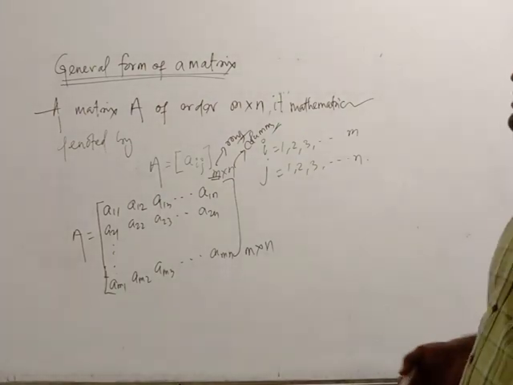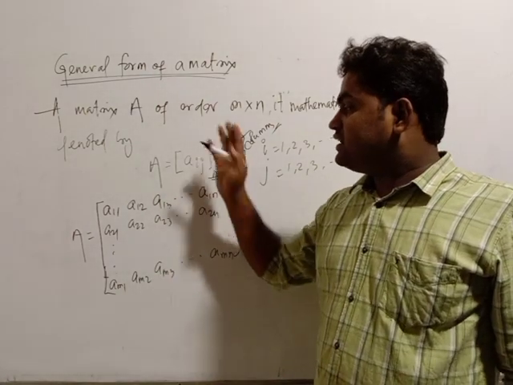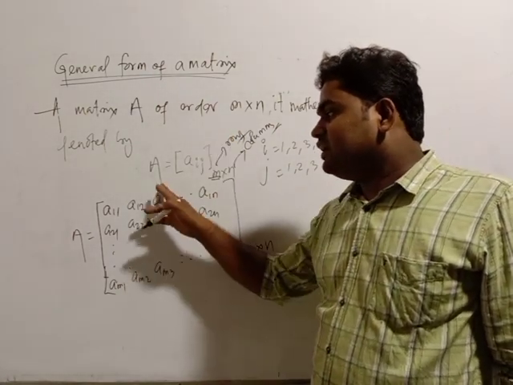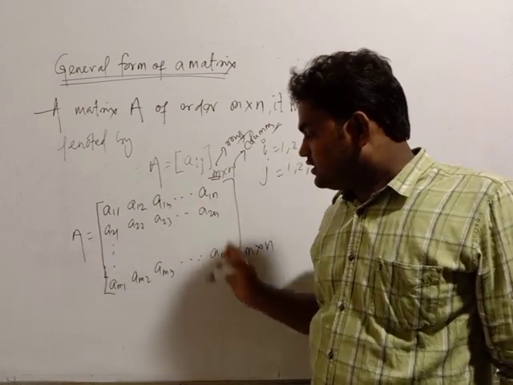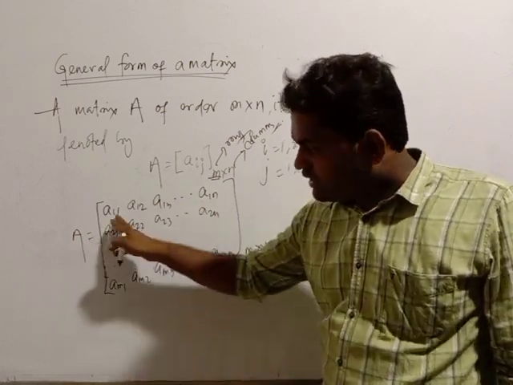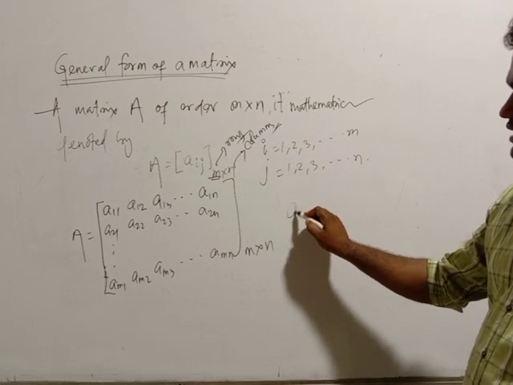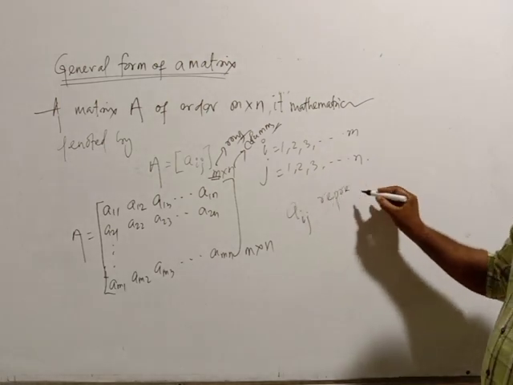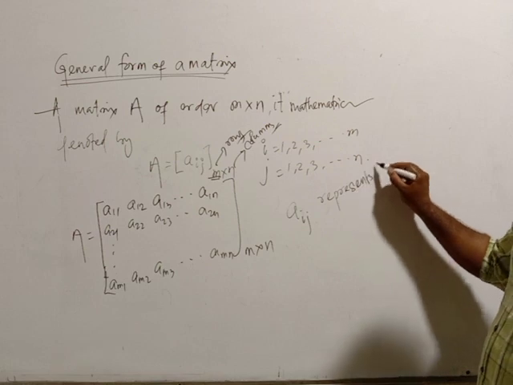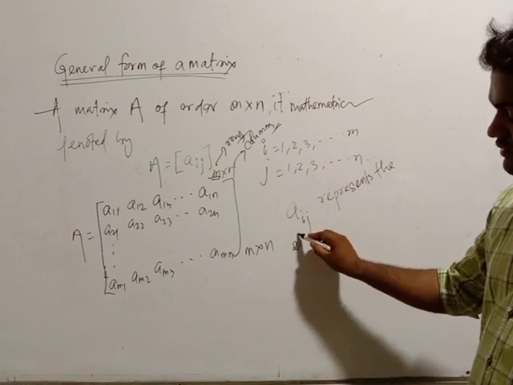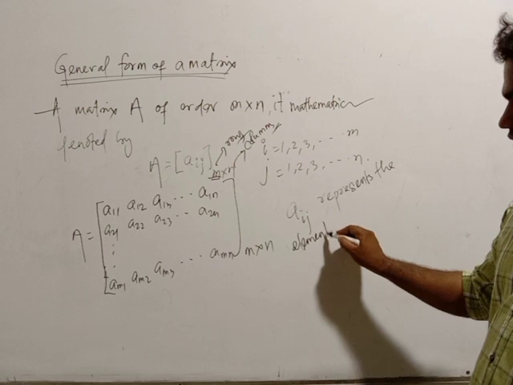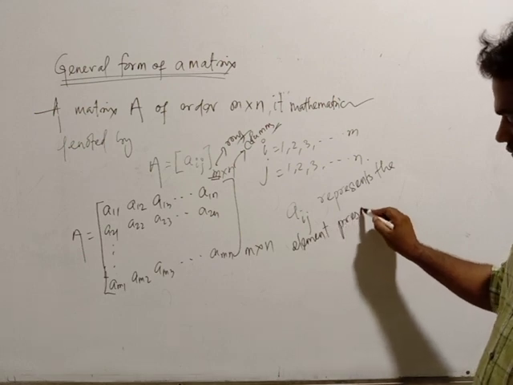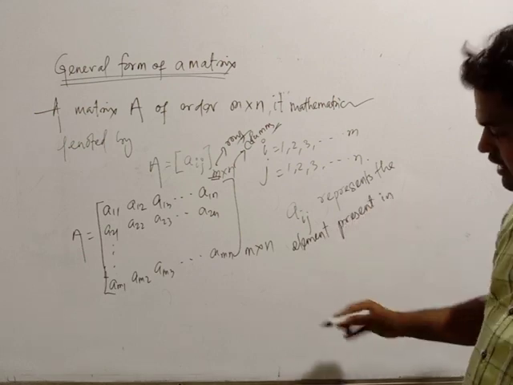So look at here, a matrix of order m by n is generally denoted by A equal to this style, where aij represents the element present in ith row.